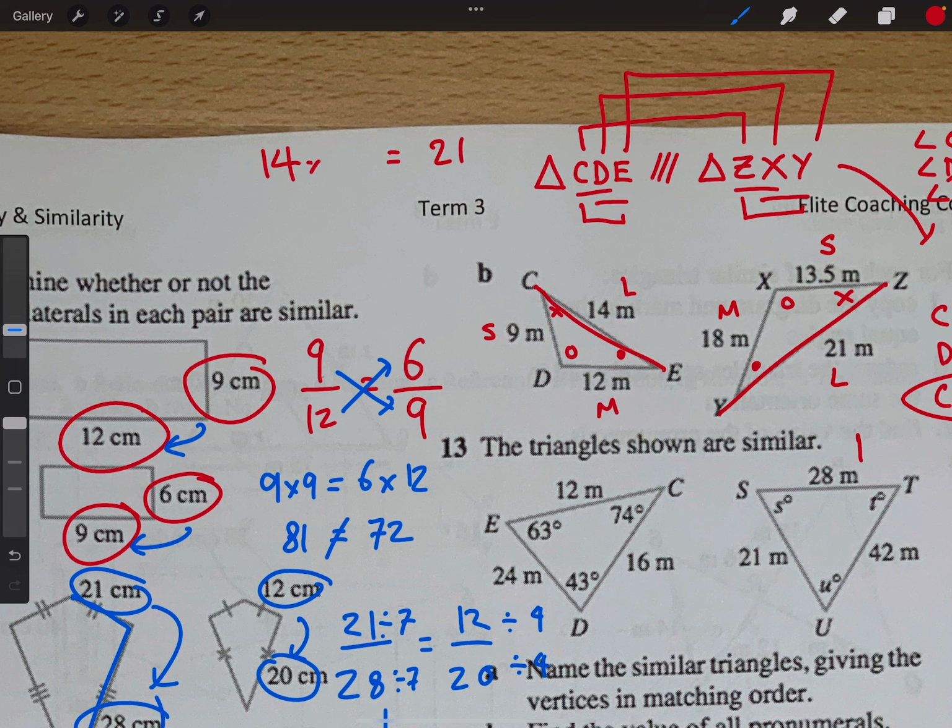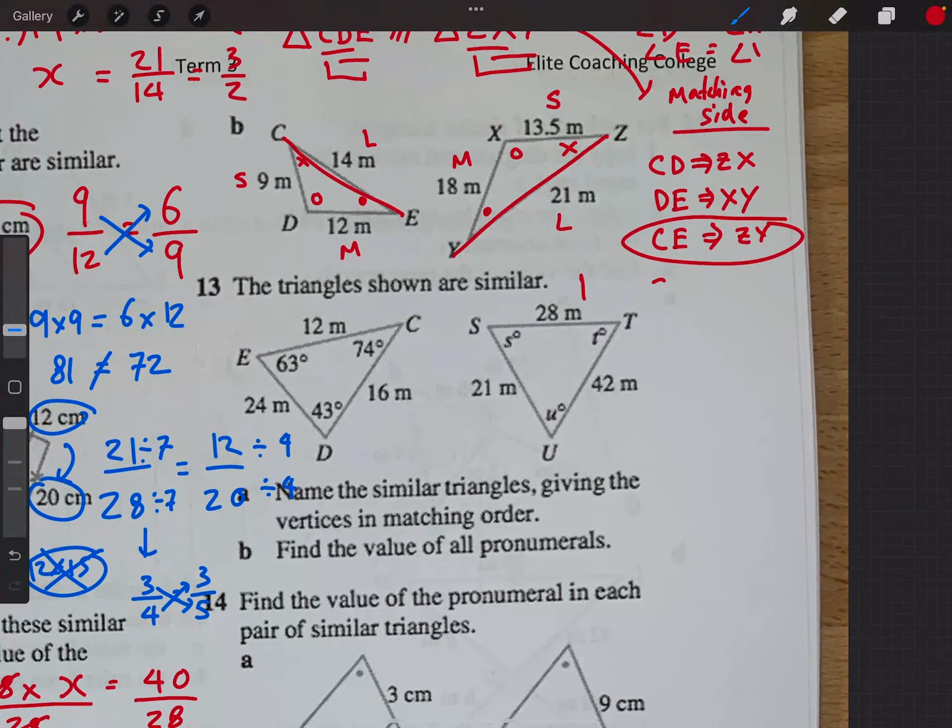We know it's multiplied by some scale factor X, so let's divide both sides by 14. So that's going to give you X is equal to 21 over 14. Let's simplify this. We can divide them both by 7, and you're going to get 3 over 2. So the scale factor is 3 over 2, or 1.5. Okay, there's all your answers there.